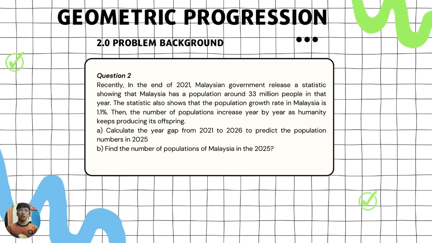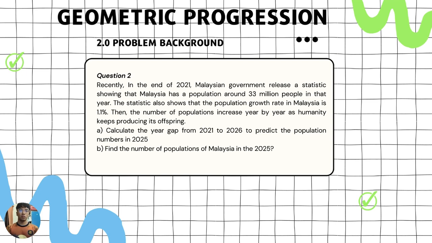Next, geometric progression. Question 2. At the end of 2021, the Malaysian government released a statistic showing that Malaysia has a population of around 33 million people in that year.